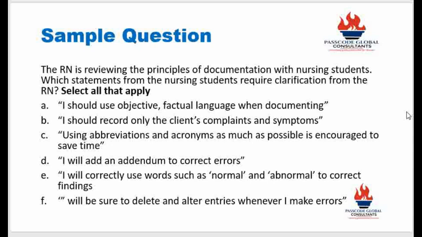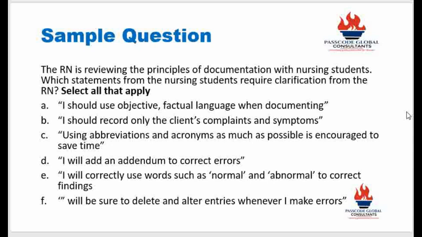So then the question prompt asks us, which statements from the nursing students require clarification from the RN? When we talk about requiring clarification from the RN, it means this is a negative query question.